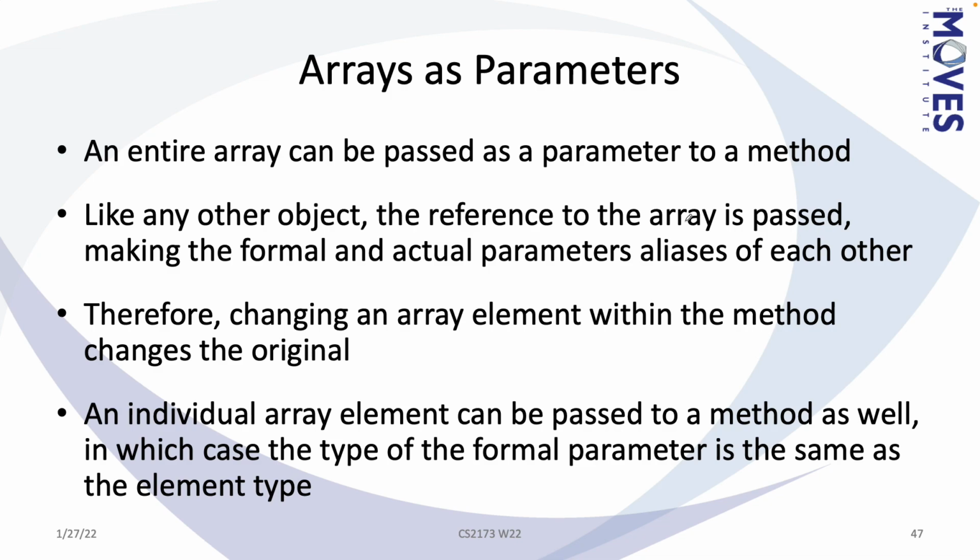However, since it is a reference to an object, if you pass a reference to an array into a method, and in that method you change one of the values of the array, that will happen.